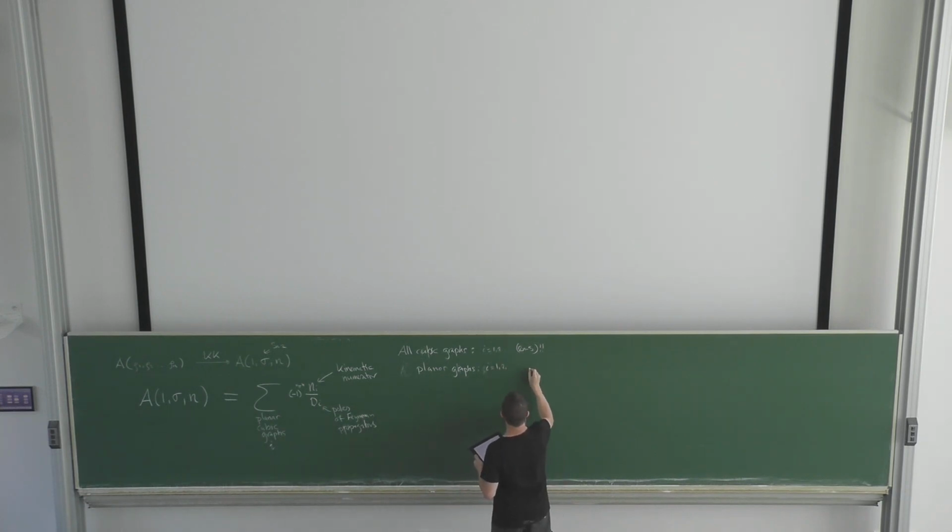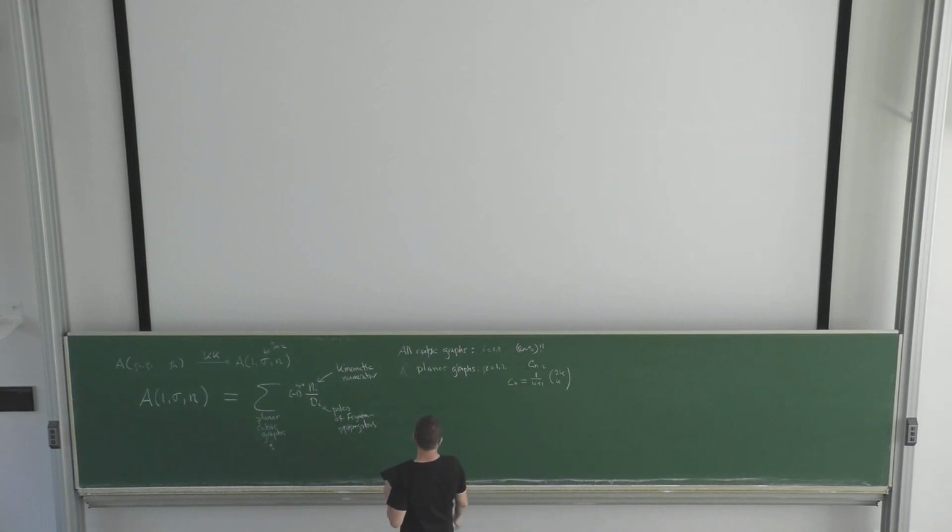So the number of planar graphs is actually a well-known number. It's the Catalan number C_{n-2}. The Catalan number C_k is simply 1 over k plus 1, times 2k choose k. I'm not going to derive it, but that's the number of planar graphs.